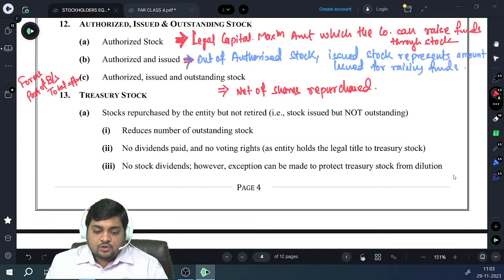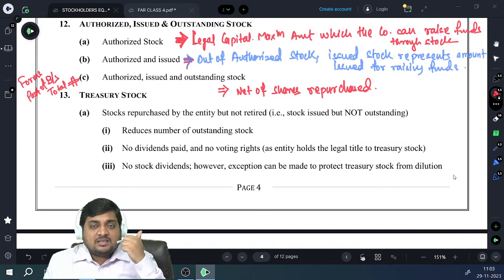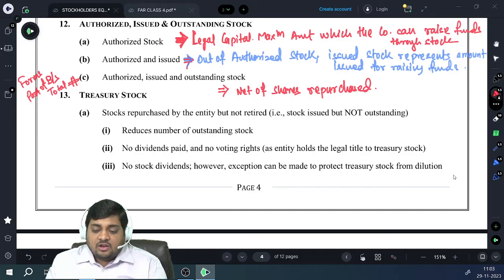Right? So authorized capital means the maximum amount the company can raise. Out of the authorized stock, issued stock represents amount issued for raising funds as of now, and outstanding means net of repurchase stock.